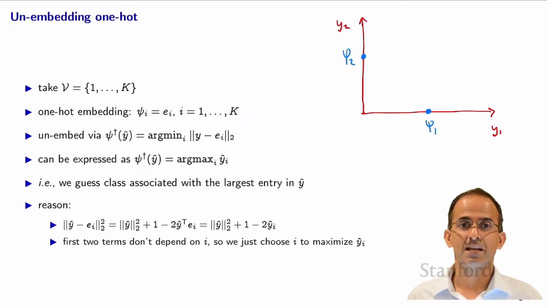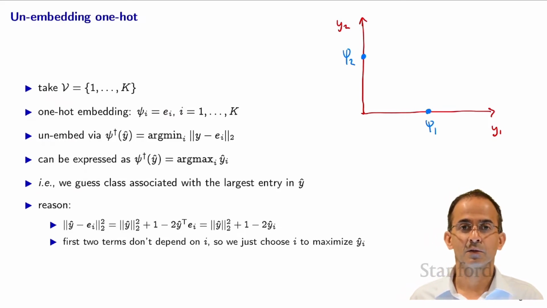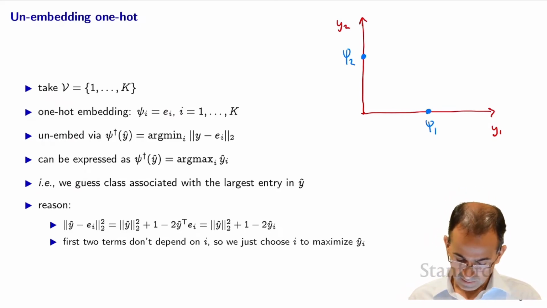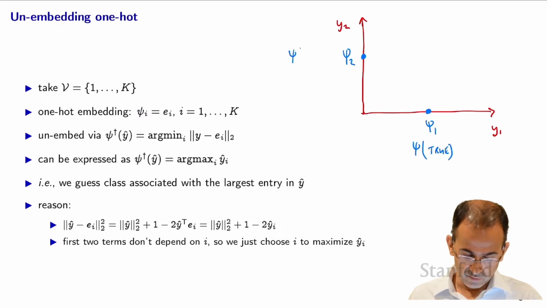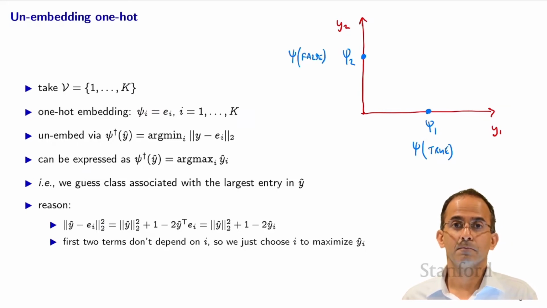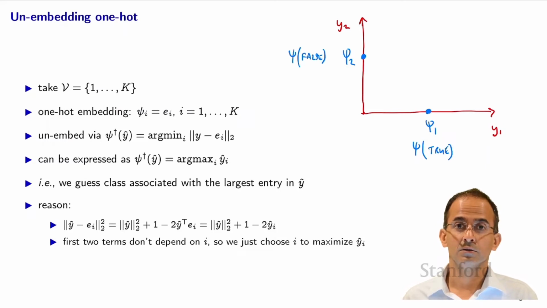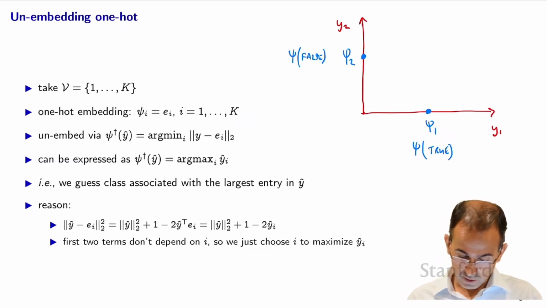Those are the embeddings of our two categories in the case of the Booleans. So this would be psi of true and this would be psi of false. And then we develop a predictor, and that predictor gives us back a y hat, which is anywhere in the two-dimensional plane. And then what do we do?